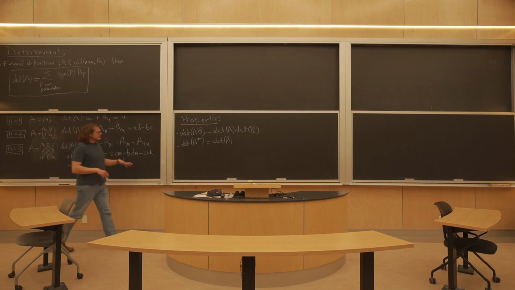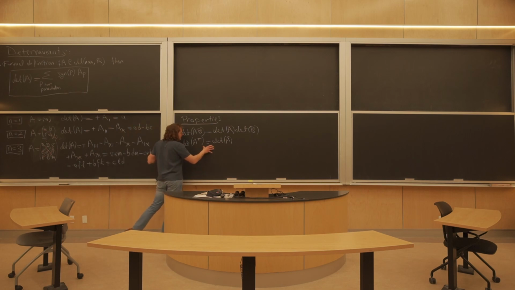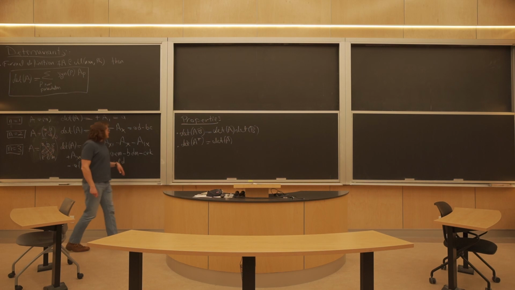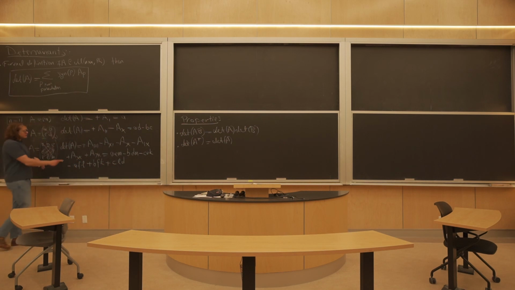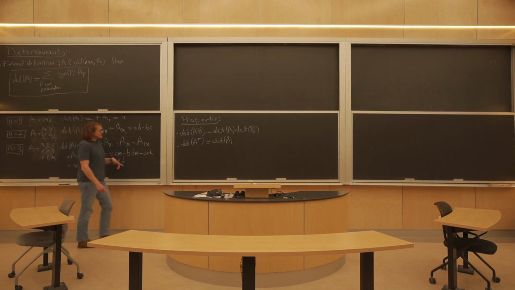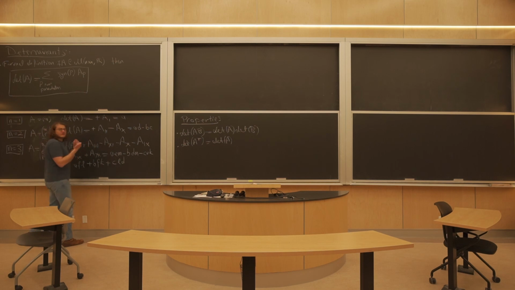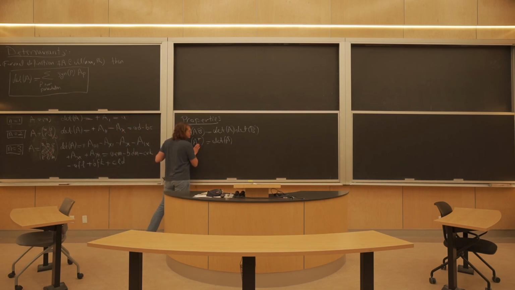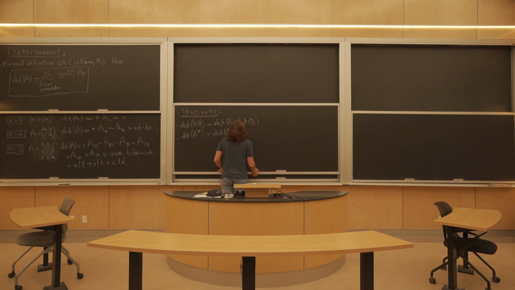Another property that we hadn't discussed before, but is still true, is that the determinant of the transpose of a matrix is the same as the determinant of A. This is not that straightforward to see, but if you think about these permutation terms, for instance, this permutation, when you transpose it, becomes this permutation. So when you take the transpose of a matrix, all these terms are still there, it's just that their order has switched. That's one way to think about why the determinant of A transpose equals the determinant of A. But these two are what we really need.